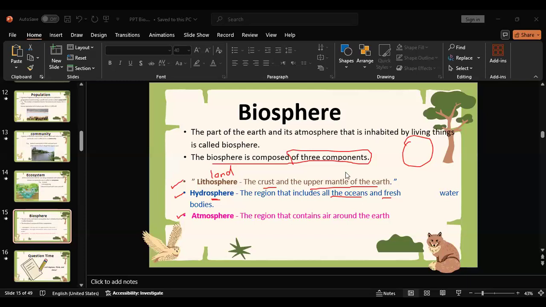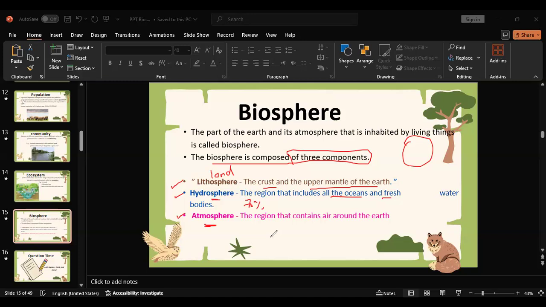You know that 70 percent of the earth is covered by water. That is the hydrosphere. Atmosphere means around the earth you may see the air part. In the atmosphere also there are a lot of organisms. So the biosphere is composed of three components: lithosphere, hydrosphere, and atmosphere.